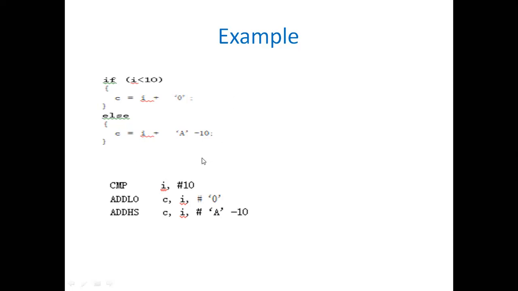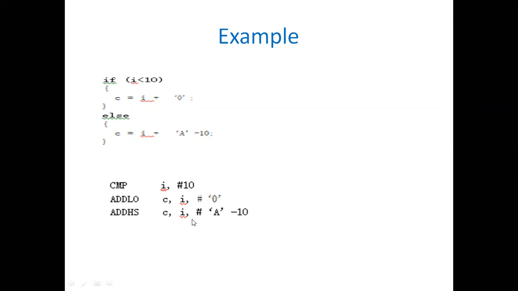Look at the equivalent code for this one. CMP, that is compare i with 10: is i lower than, or higher than or equal to 10? If lower, then add the ASCII value of '0' to i and store it in c.